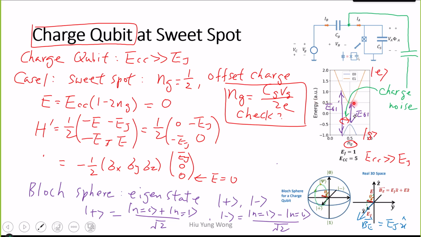But of course, you still have a second order. Because when this is flat, it means that even if you change Ng, you won't change a lot. So you don't want to bias at this point, because at this point if you change Ng, you will just change the energy a lot. And that is called the sweet spot when Ng equals half. Make sense?